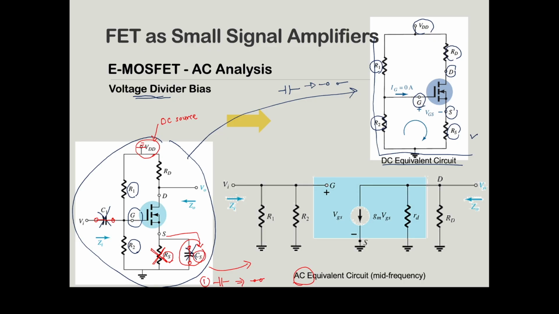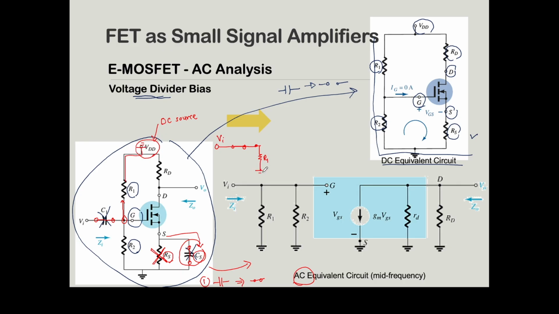Alright, so therefore, let's draw the circuit. Vin, then the capacitor C1 short circuit. Next, it will go to this junction. This is the point, and it goes to R1. So this is your R1, and after R1, it goes to ground.